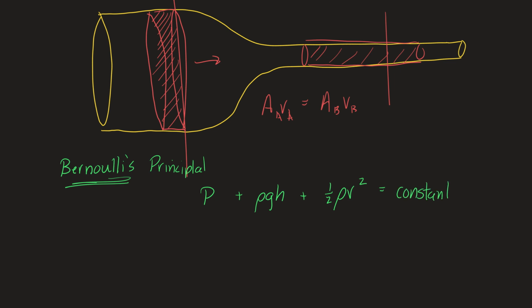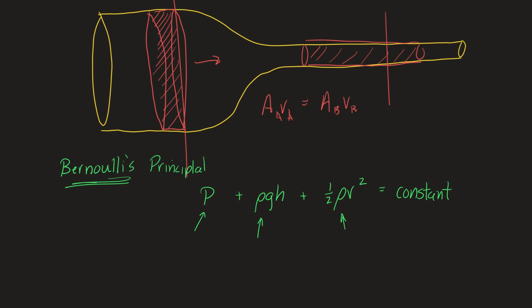Bernoulli's principle says, if a fluid is flowing through a system, then a combination of the pressure of the fluid, an expression of gravitational potential energy, and an expression of kinetic energy all sum to be a constant.